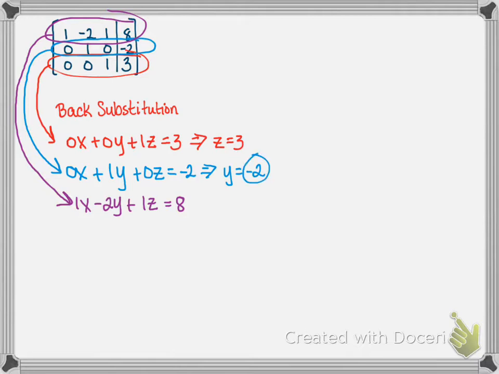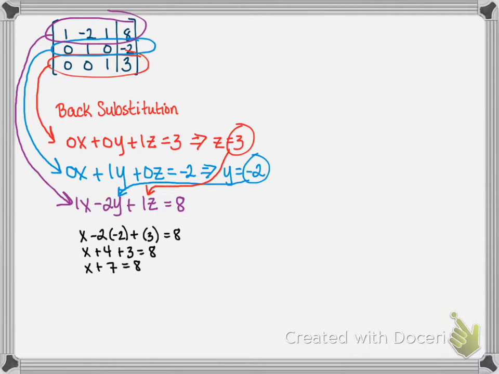So we're going to substitute -2 in for y, and we're going to substitute 3 in for z. So this equation becomes x minus 2 times -2 plus 1 times 3 equals 8. Or x plus 4 plus 3 equals 8. Or x plus 7 equals 8. Now if we subtract 7 from both sides, we get x is equal to 1.